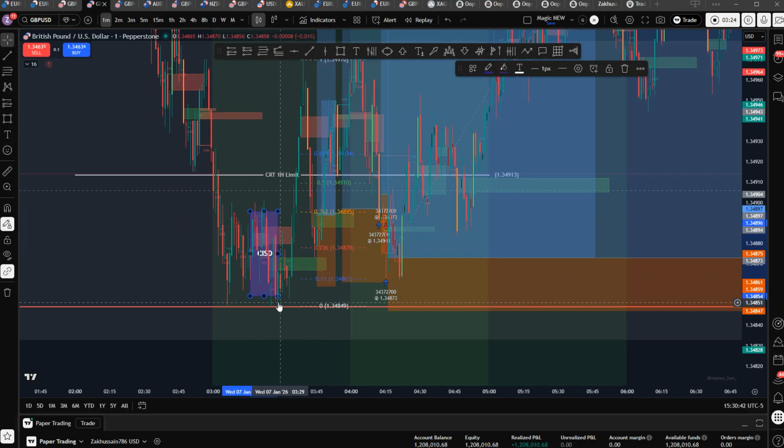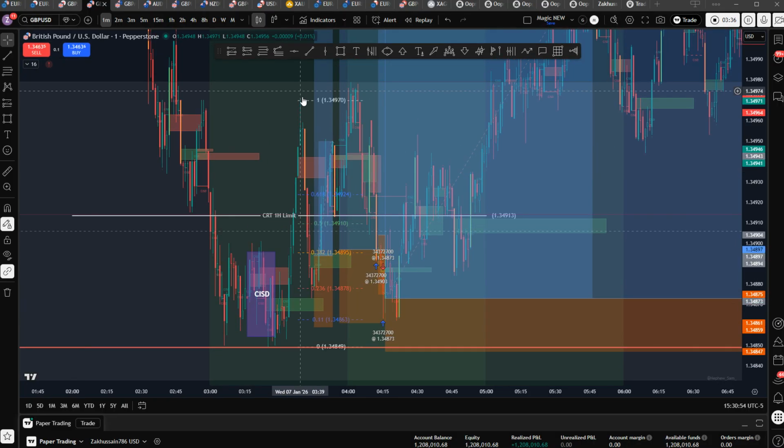Here is the CISD formation, and price, around about the middle of the first hour of London session, broke out of the CISD and then went all the way up there. This is where we would draw out our fib level from, making it a little bit more accurate.